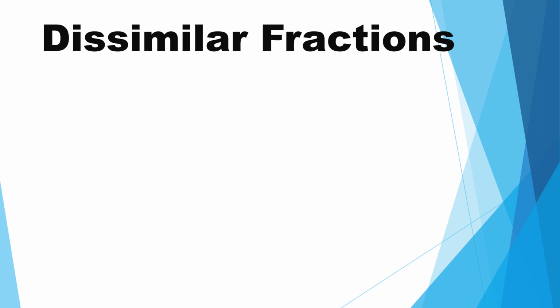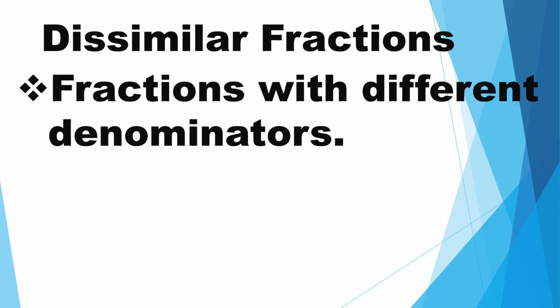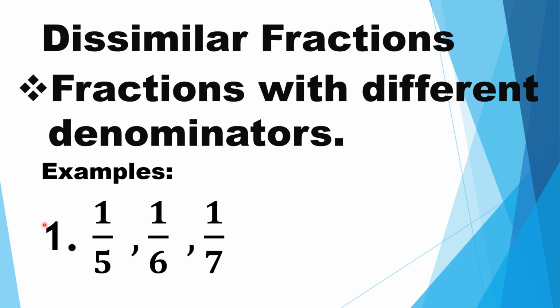Dissimilar fractions. Fractions with different denominators. Examples: number 1, 1/5, 1/6, 1/7. Look at the numerators. They have the same numerator, which is 1.